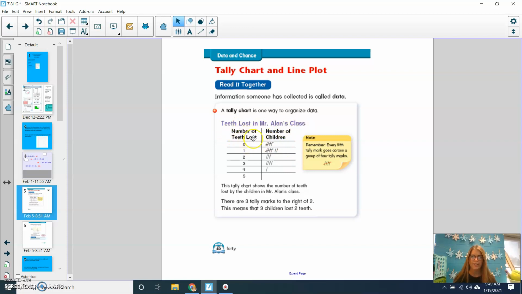On the side, I have the number of teeth lost, and then I have the number of children that lost that many teeth. Notice how there are 3 tally marks to the right of the 2. That means that 3 children lost 2 teeth.